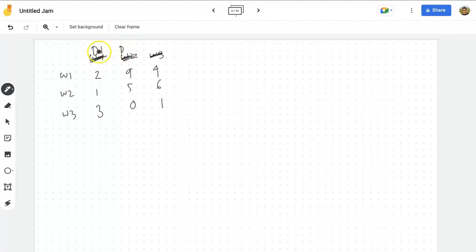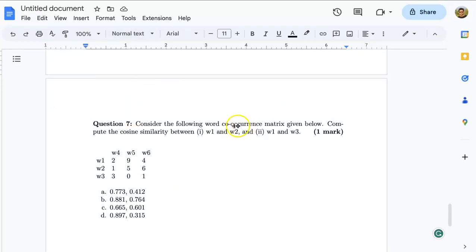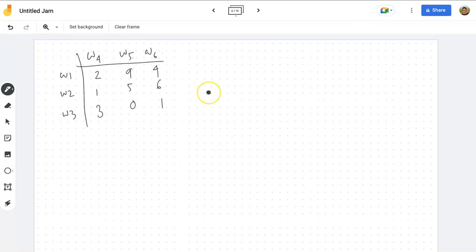They are thinking of this as a co-occurrence matrix, so I'm just writing it W1, W2. In the question they are writing it as W4, W5. It doesn't matter much, but this is the matrix 2 1 3 9 5 0 4 6 1. Now there is cosine similarity between W1, W2 and W1, W3.